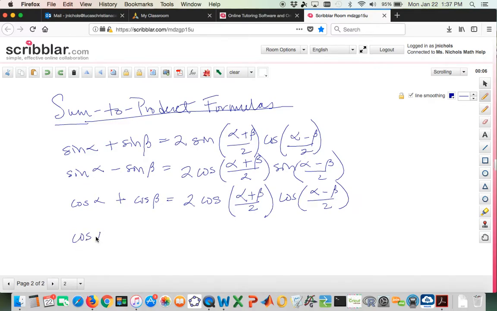Cosine alpha minus cosine beta is equal to -2 sine of alpha plus beta all over 2 times sine of alpha minus beta all over 2. Okay, so those are the formulas, and if you copy them down in your notes, that's great. Otherwise, they are on the formula sheet.